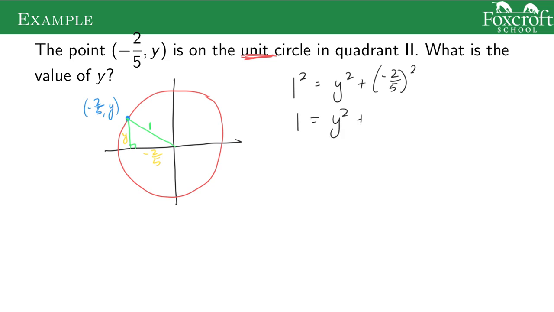y squared doesn't change. -2/5 squared, just remember squaring something is a shortcut for multiplying it by itself. Because you're multiplying two negatives together, the negatives cancel, and I'm going to get 4/25. And now I want to solve for y. I'm trying to figure out what y is, so I'm going to subtract 4/25 from both sides.